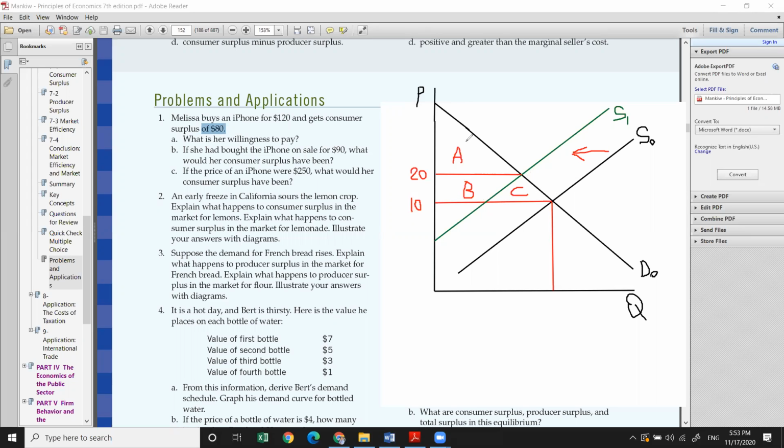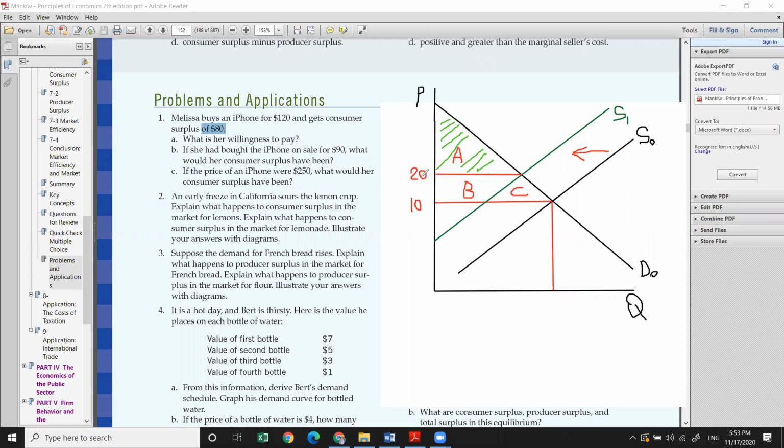Okay. Now she will pay less. Her consumer surplus will be reduced to A. Okay, she will receive only this part, only this triangle. But before it was the whole triangle, all the regions like A, B, C.